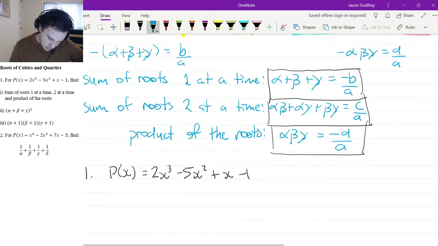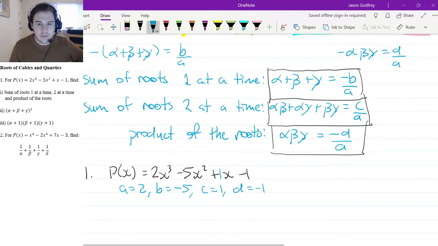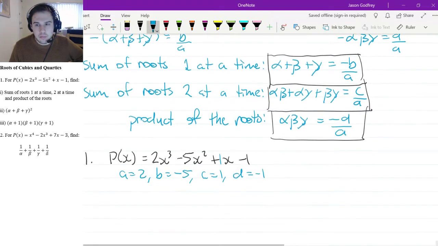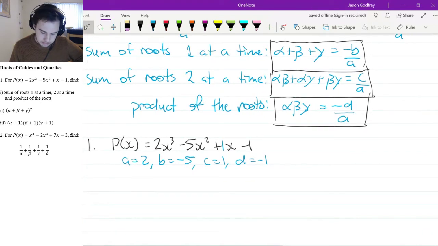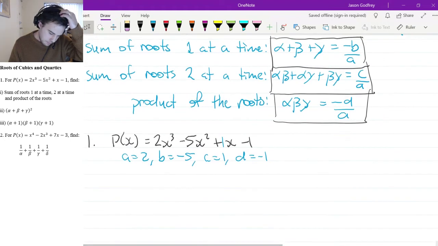We've got x cubed, x squared, x, and a constant term. So a is 2, b, the next term, is negative 5. This coefficient here is 1, and that's negative 1. So part I is just find all these three different things, and then part II and III will be manipulating them.